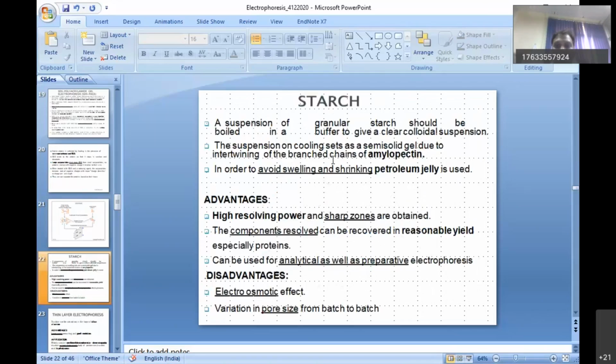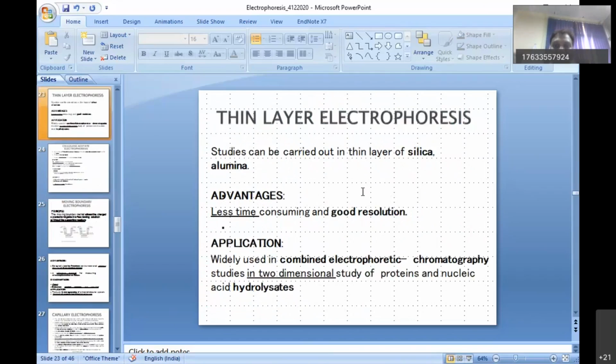Starch is another supporting medium which can be used for electrophoresis. Another type is thin layer electrophoresis, where silica is used, and the advantage is that it is less time consuming. It has good resolution and wide use in combined electrophoresis, electrophoretic chromatography studies, and two-dimensional study of protein and nucleic acid hydrolysates.